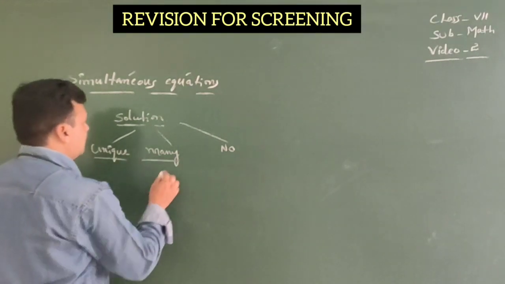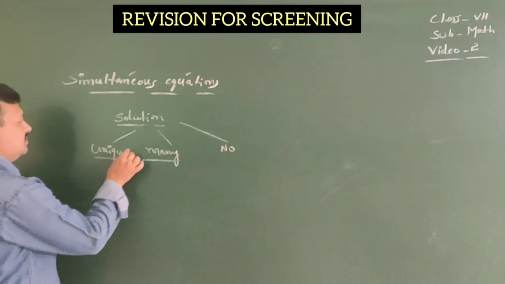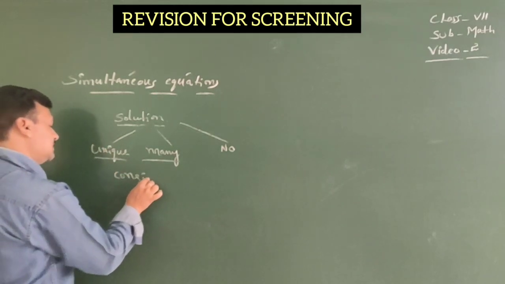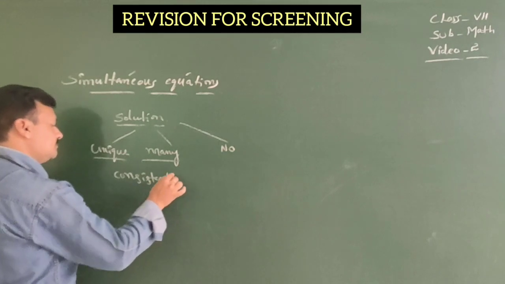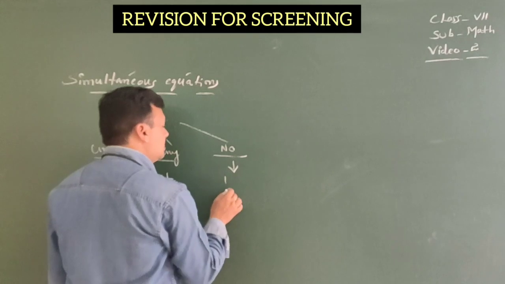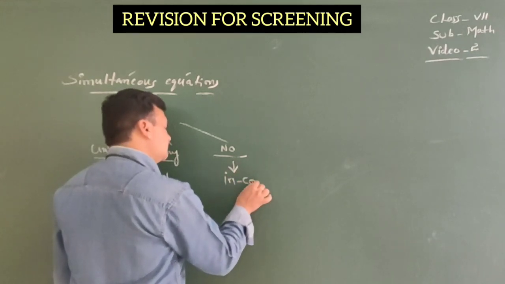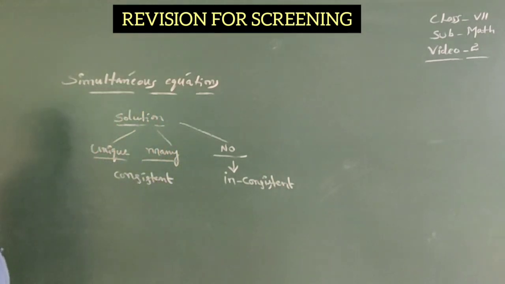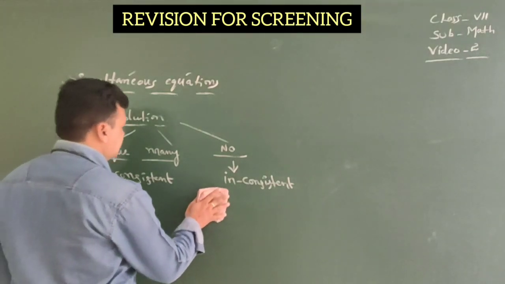Unique or many solutions mean there may be a solution, and the system is called consistent. It has no solution, the system is called inconsistent equation or inconsistent system. Consistent means there may be a solution for the given system. Inconsistent means there is no solution for the given system.